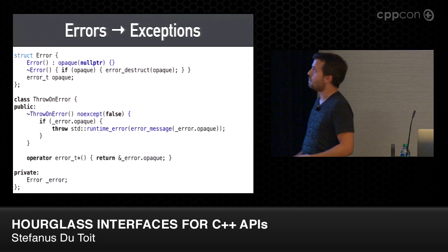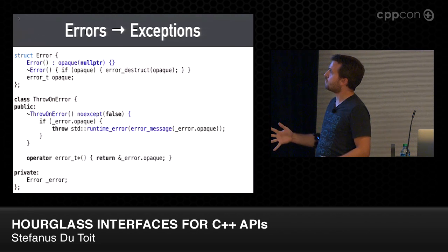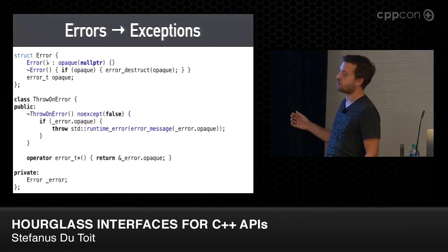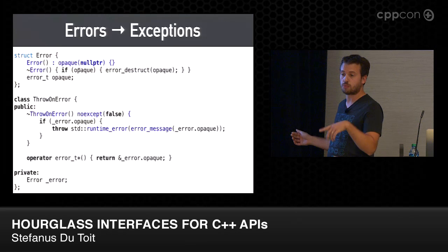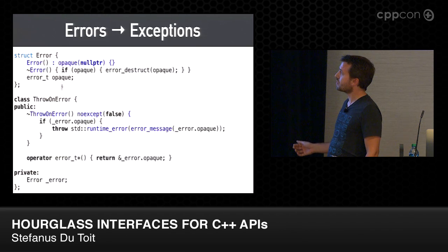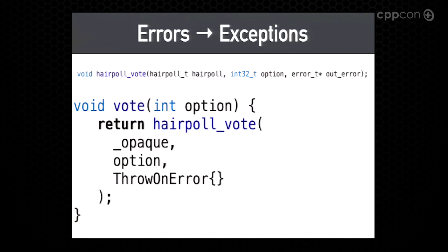So what we have at the top here is a simple RAII class that holds our error. It really doesn't do much more than hold the error, destroy it when it destructs, and initialize it to null, which is important. Down here, we have the magic class. Let me first show you how we might actually use it.